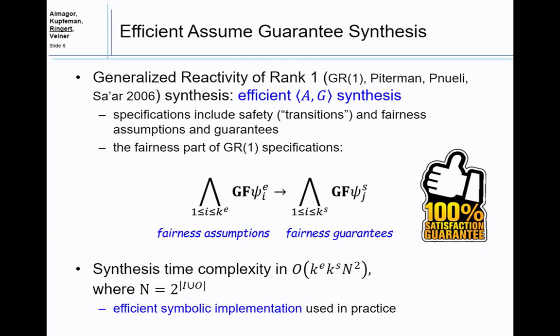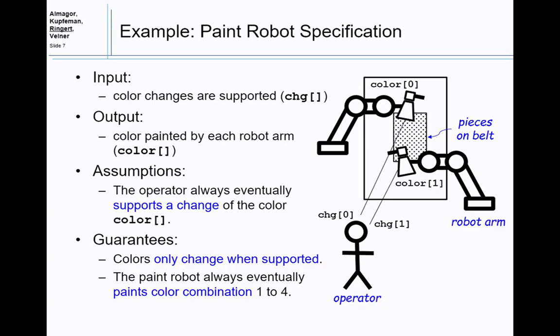And even though this might sound a little bit bad, there are efficient implementations, BDD-based, and quite a few tools have used GR1 synthesis in practice. One example of a system that we could describe with GR1 would be this. We have a workspace with 2 robot arms.